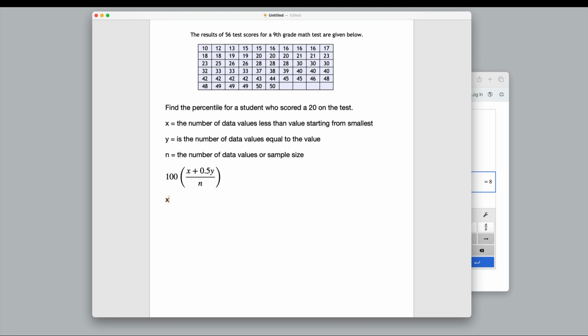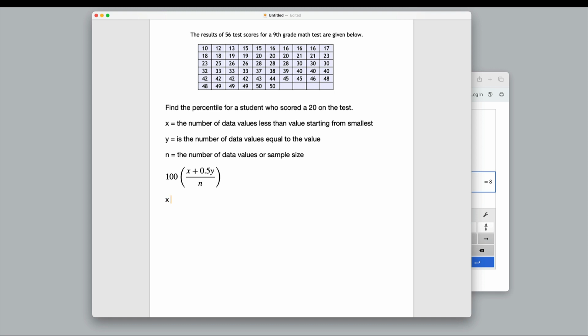x is the number of data values less than the value, starting from the smallest. We were given the value of 20, so we need to count up to 20. 1, 2, 3, 4, 5, 6, 7, 8, 9, 10, 11, 12, 13, 14.